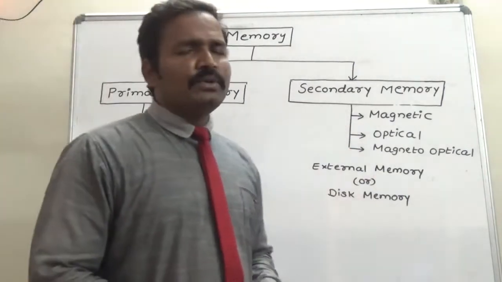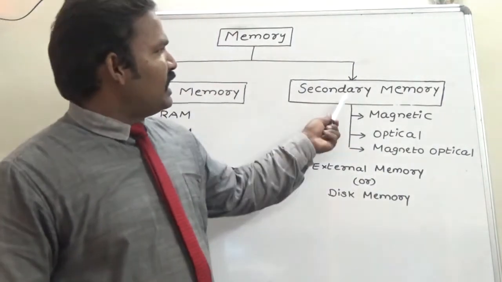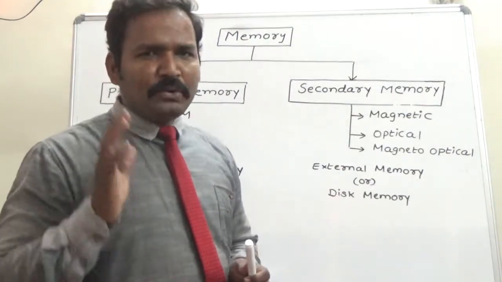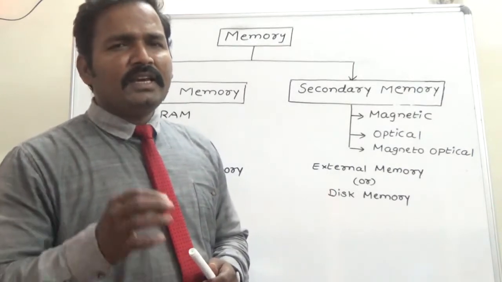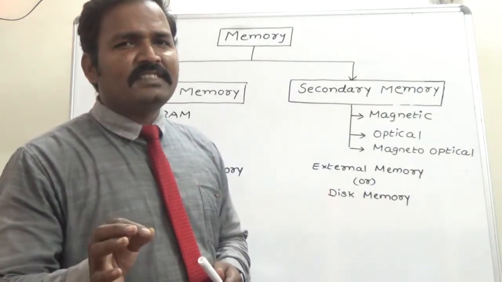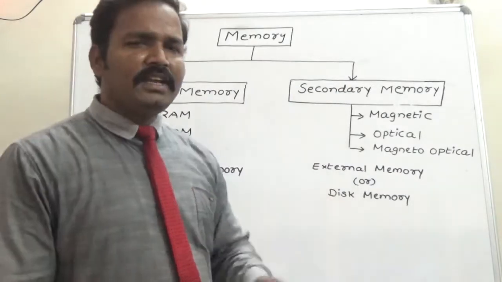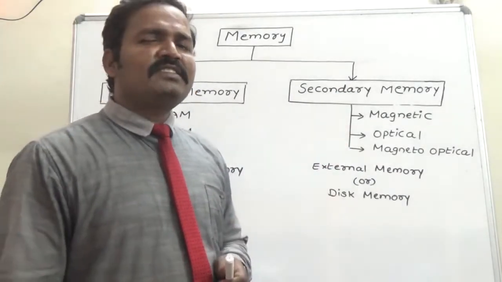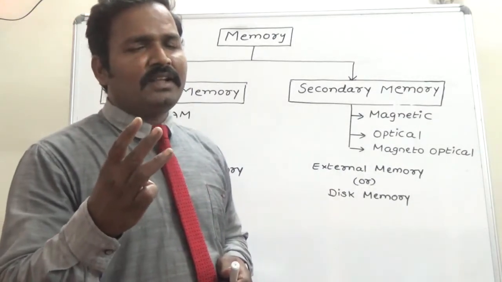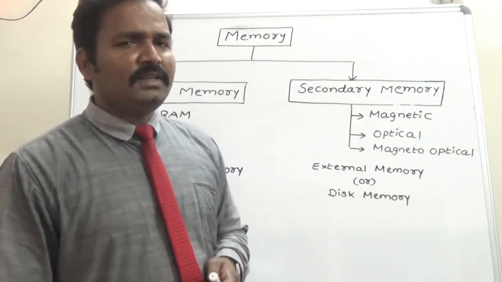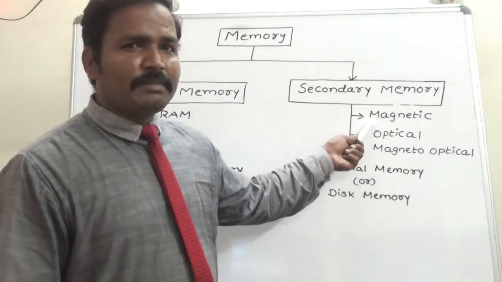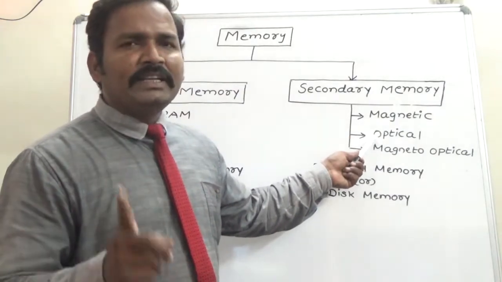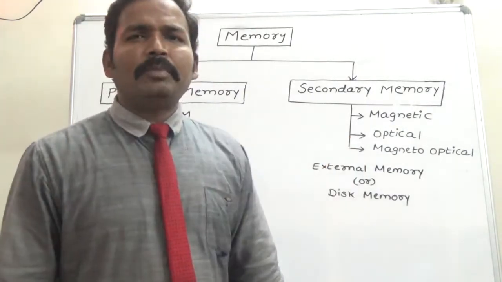Next, coming to secondary memory. Secondary memory is the memory that can support any computer. All the storage devices come under secondary memory. It also has three subtypes: magnetic type, optical type, and magneto-optical type.